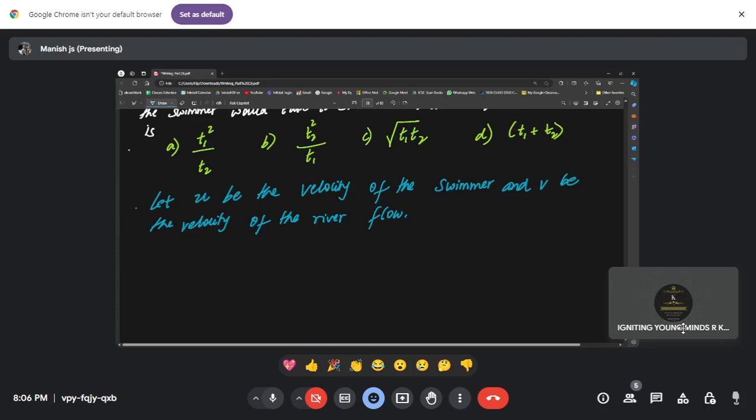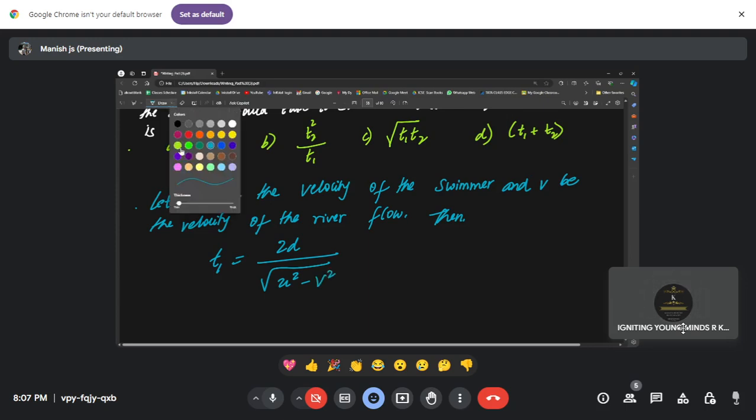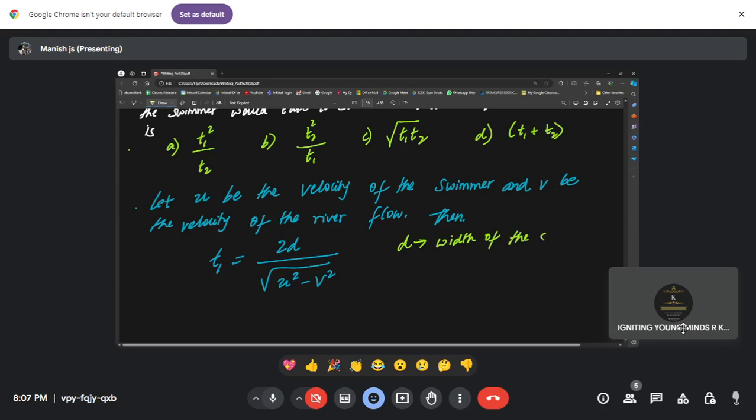We are taking u as the velocity of the swimmer and v as the velocity of the river flow or the stream basically. Okay. Then you can write T1 is equal to 2d upon under root of u squared minus v squared. Here, what is d? D is nothing but width of the stream. So d is width of the stream. Okay. And u and v already I have given there.